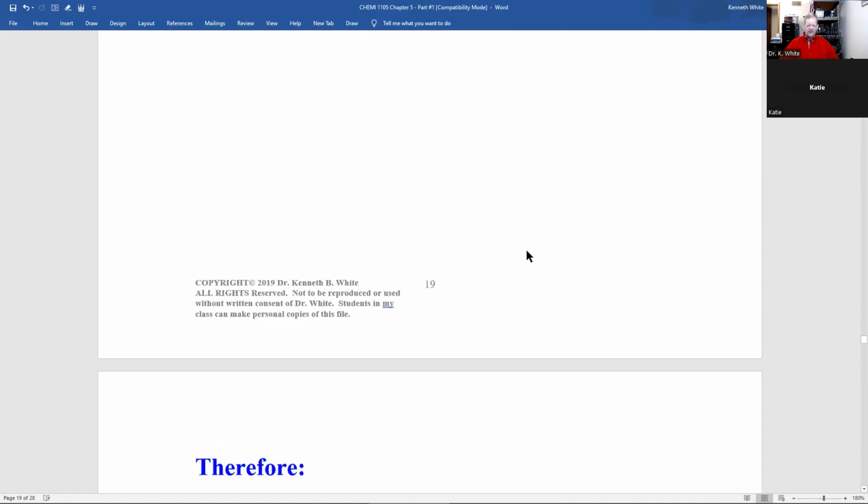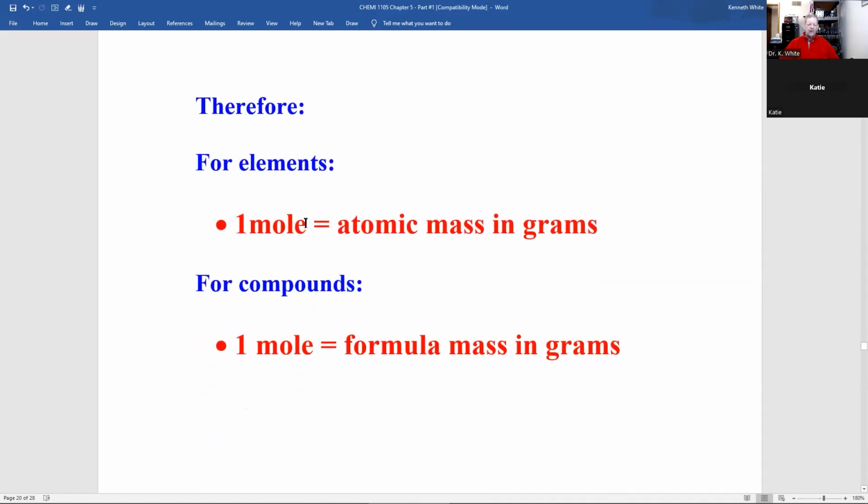Now, what does that really mean? What it really means is for elements, and this is one of the most important things I know in chemistry, 1 mole of an element equals the atomic mass in grams of that element.